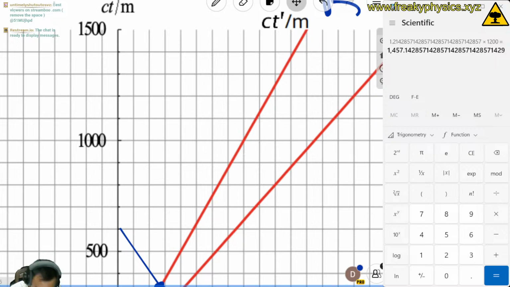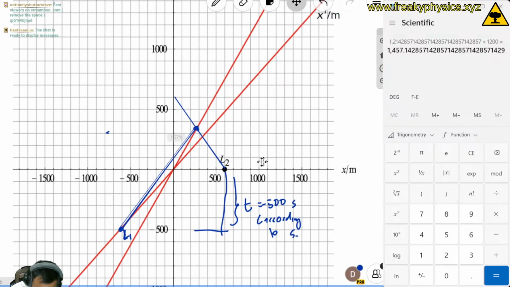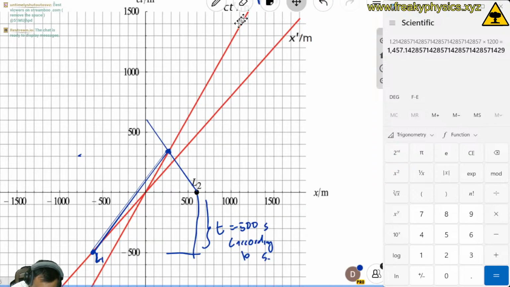So how do you determine v? You just use the Lorentz transformation for this point here. Actually, no, that's determining t using the Lorentz transformation.